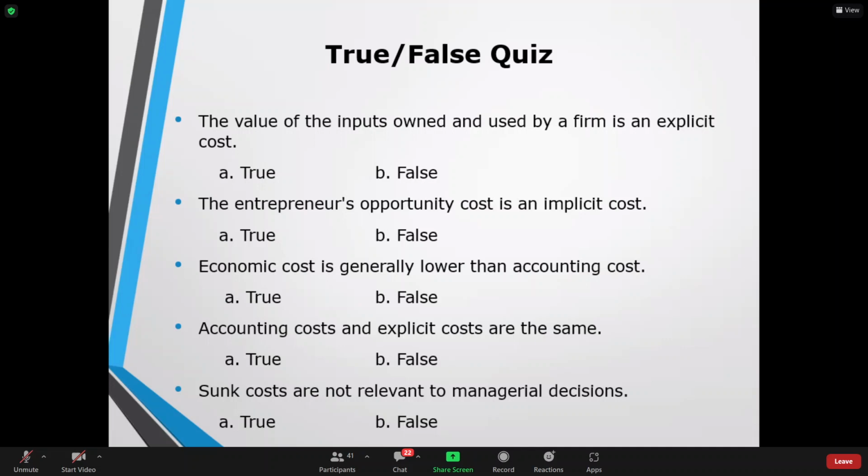Sunk cost is gone, it's foregone. So that is usually not considered in managerial decision making.